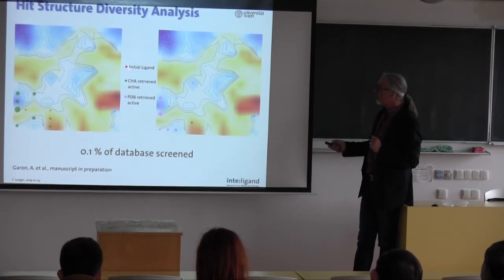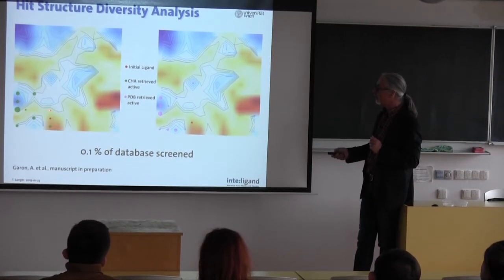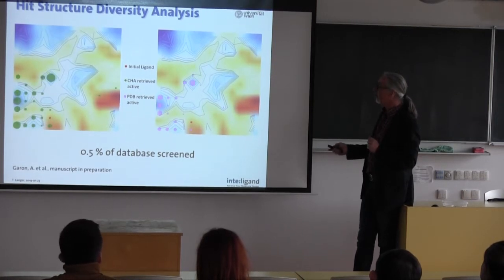And the initial ligand is situated here. So you see that in the first 0.1%, more or less, the PDB pharmacophore is giving the same results as the common hits approach. The common hits approach gives a little better coverage here. It finds this molecule here, this one, etc. So there is a small improvement.